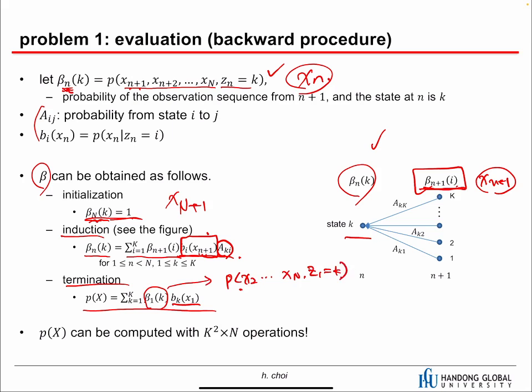So we don't have x1 here, so we need the emission probability of x1 from k. We sum them up, and now we have P of X. Again, as I said, the backward procedure is enough to calculate the likelihood, or the forward procedure is enough too. But we need both for the second and third problems.